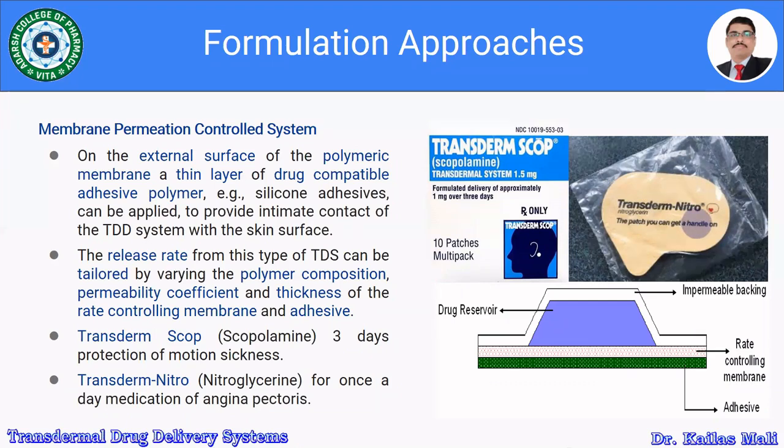In the case of the membrane control system, there are a total of 4 compartments, or 4 layers. You can say the last layer here is the adhesive layer. This is the rate controlling membrane. This is the reservoir, and here is the impermeable backing layer.